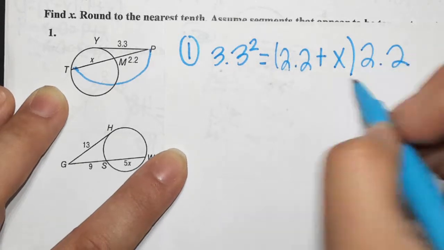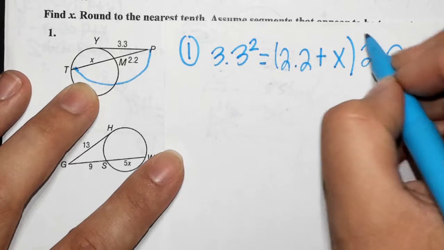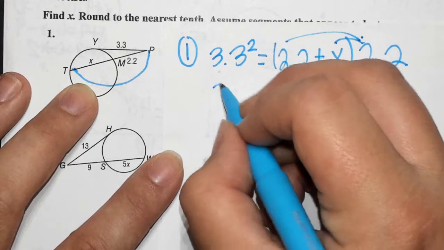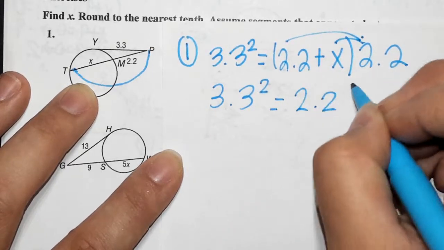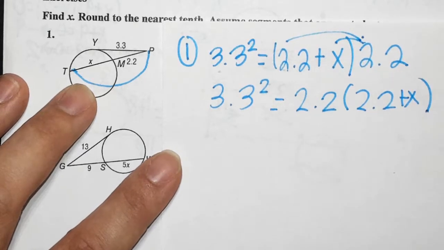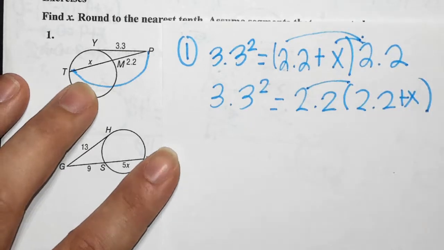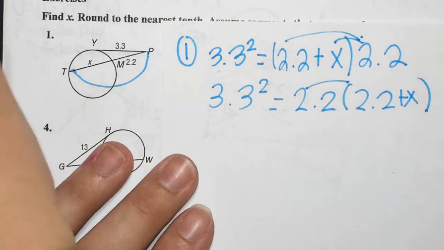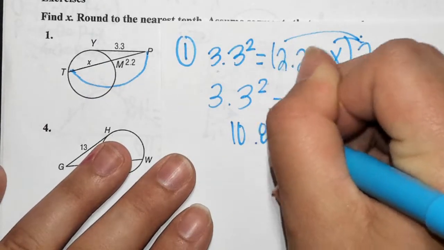So you could switch this around because we have to distribute, so you have to know that you can distribute like if this is on the outside. If that confuses you, then switch it. 2.2, then 2.2 plus x. So distribute 2.2 and square 3.3. 3.3 squared is 10.89.